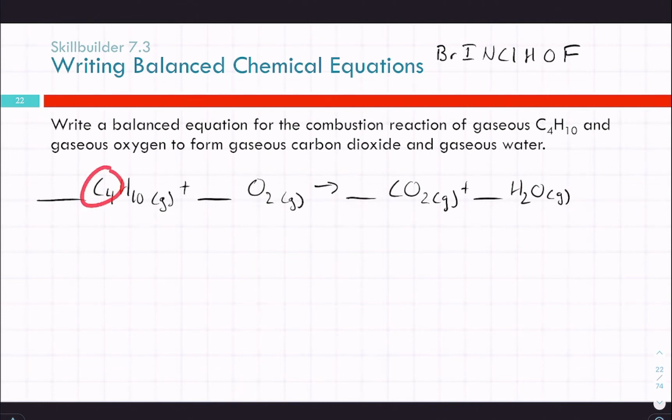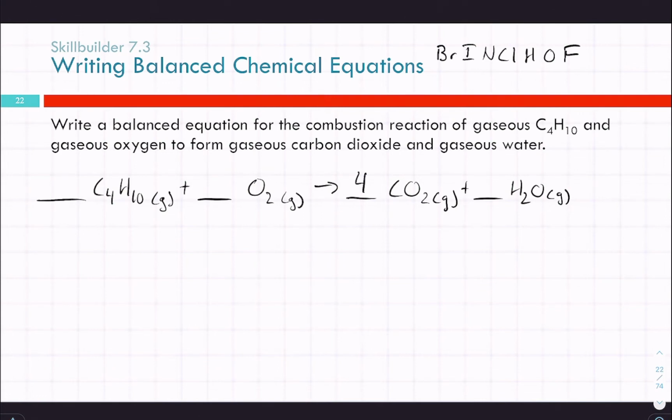So let's start here with carbon or hydrogen. So let's start with carbon because it's first. So if we have here 4 carbons, and then you do have to check, sometimes you'll have carbon in more than one compound. But it's just here, and then carbon is here. So we'll say we have 4 carbons on the left. We need 4 carbons on the right. Let's add a 4 coefficient there.